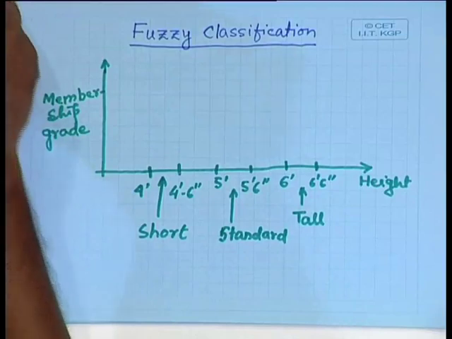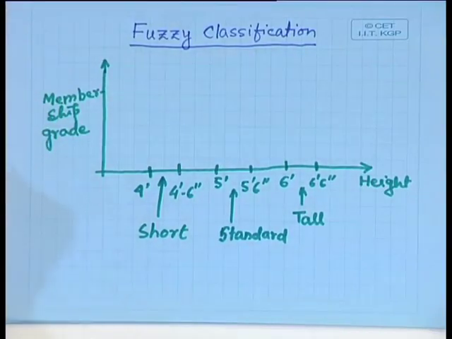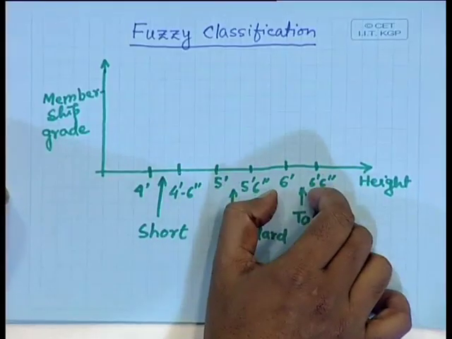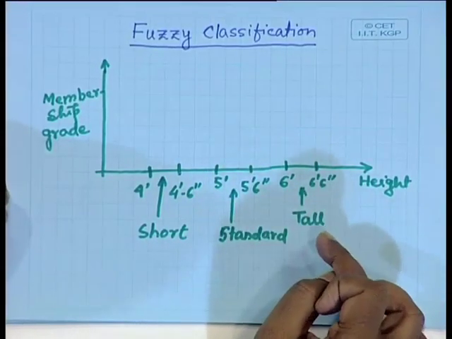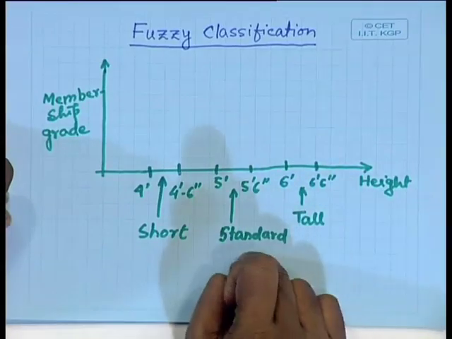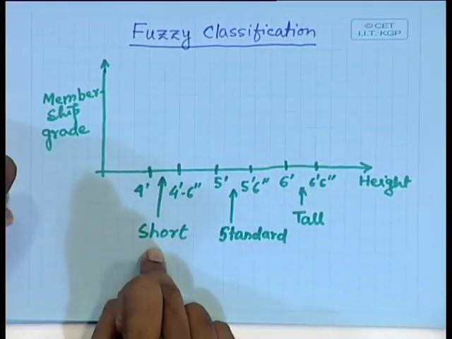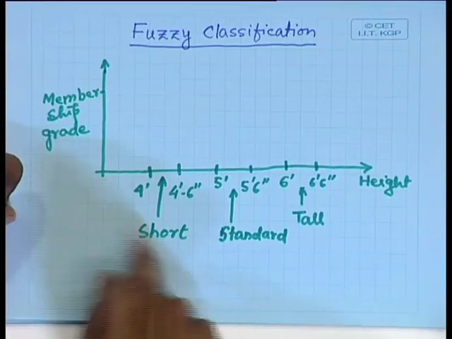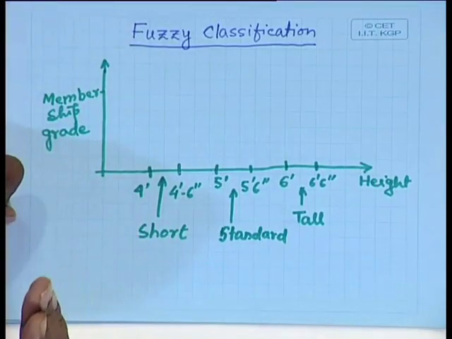So, the membership grade can be put something like this. These are 3 different sets: one set is termed tall, one set is termed standard, and the other set is termed short. I want to classify whether the person belongs to the set tall, the set short, or the set standard.